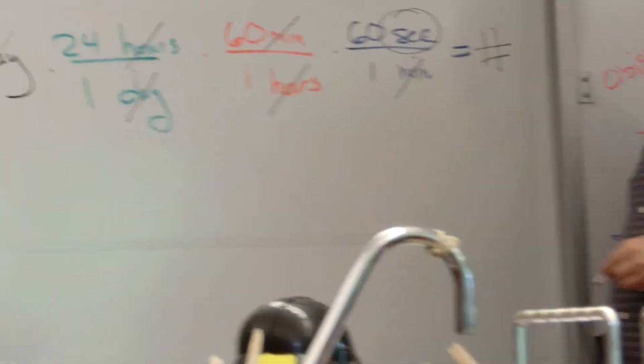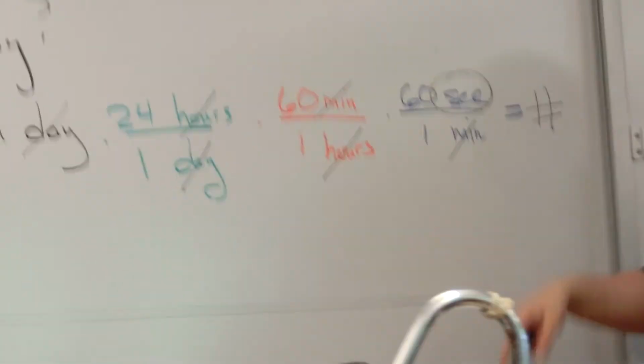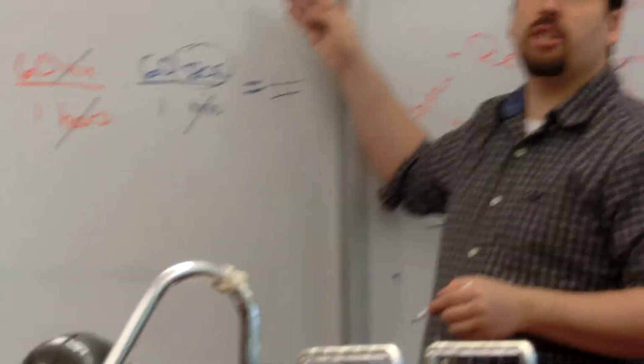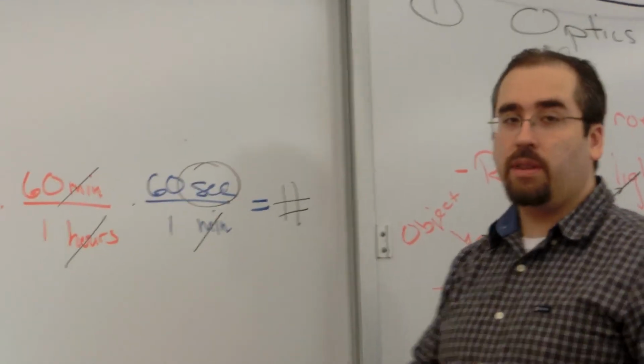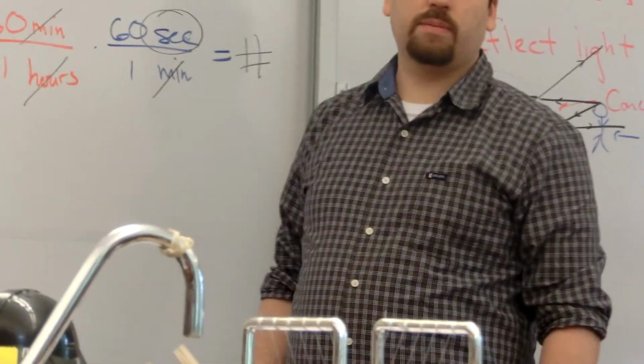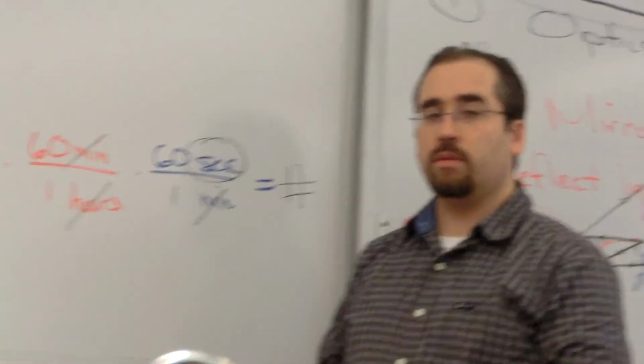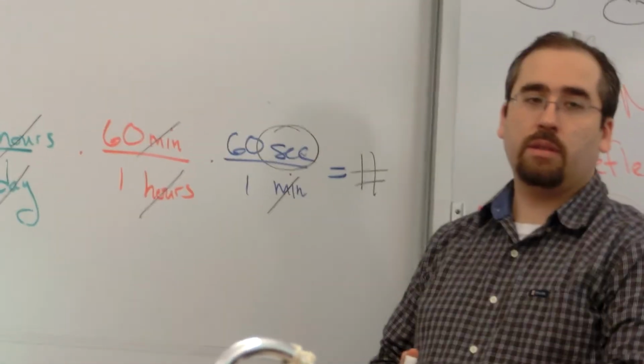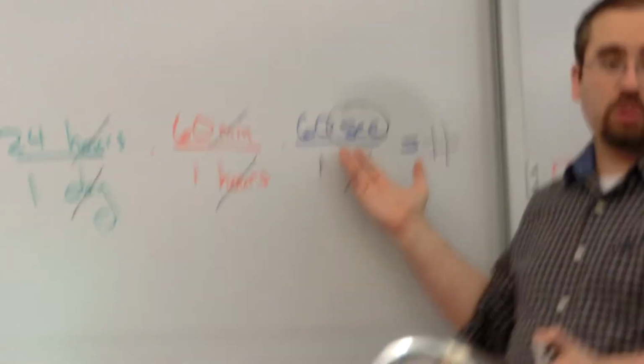Is that okay? Multiplication is commutative, and this is a nice way to see the progression. If you don't have units you're comfortable working with, this goes one step at a time, always to the connecting unit. So I did 60 seconds in a minute, 60 minutes in an hour, 24 hours in a day. It's the same thing, because 24 times 60 times 60 is 60 times 60 times 24.